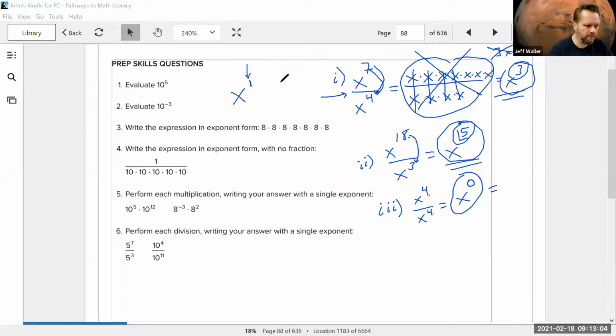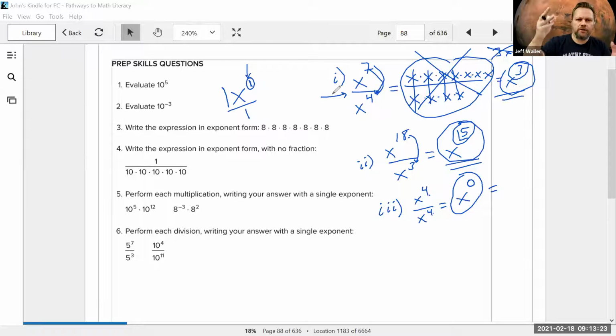The first power. Because if I just write x, how many x's did I just write? 1. So that's why I don't put the power. If you see x, there's actually a 1 here, and a 1 there.